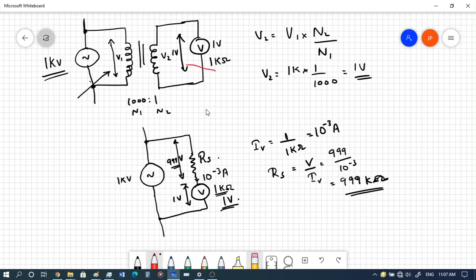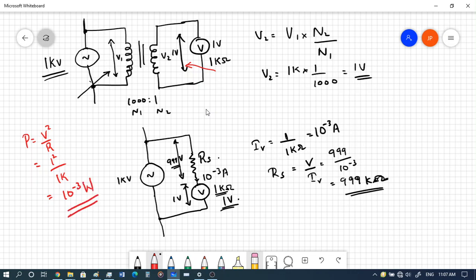Now the voltage in the secondary coil is 1 volt, and the resistance is 1K. So P can be written as P is equal to V square by R. In the secondary, 1 volt is the voltage that is developed, 1 square by 1K, which is 10 to the power minus 3 watts.